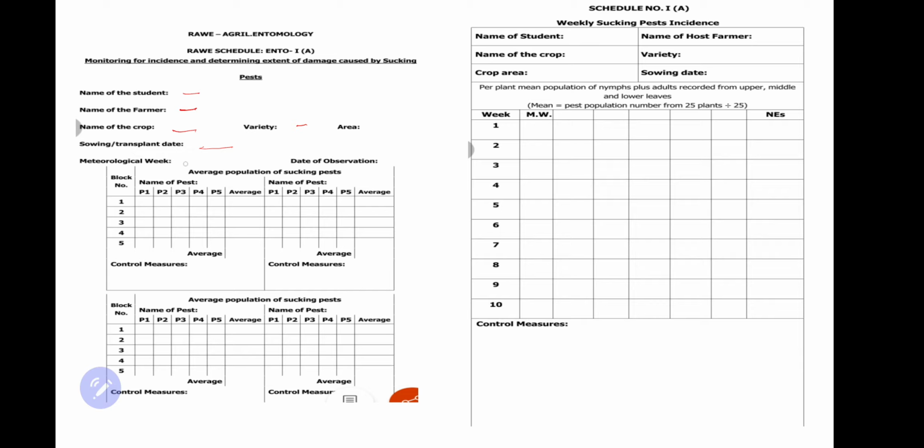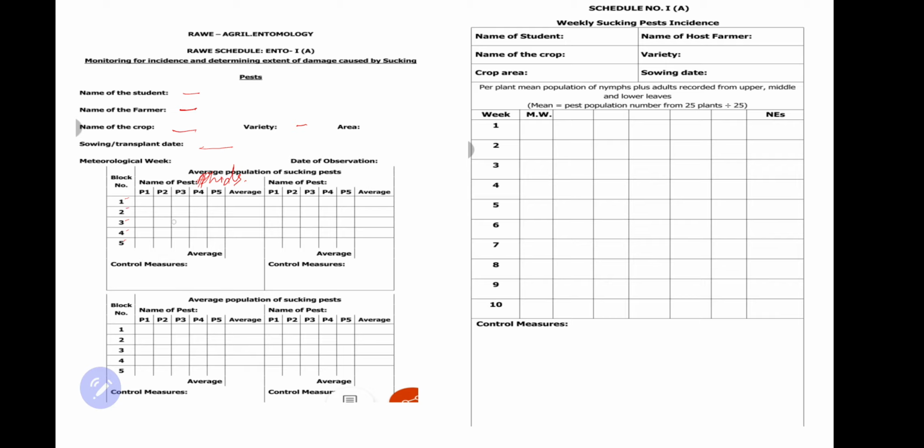Mention the meteorological week of the date, then write the name of the pest here. If it is aphids, select 5 blocks, and from each block select randomly 5 plants, P1, P2, P3, P4 and P5.